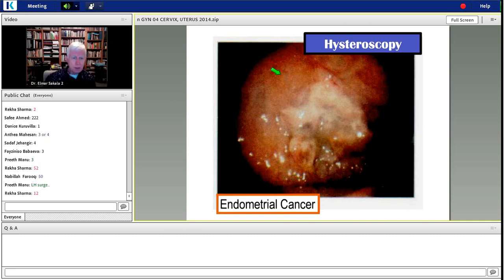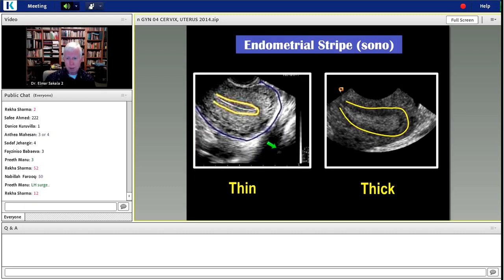This is endometrium, which is normal. This is abnormal. But the margin between the normal and the abnormal is not very clear at all here. This needs to be biopsied, and this would typically be picked up on an endometrial biopsy. You don't need to do hysteroscopy for this.